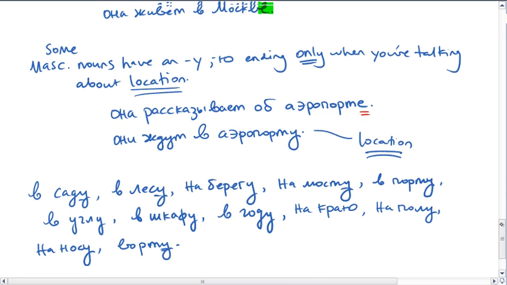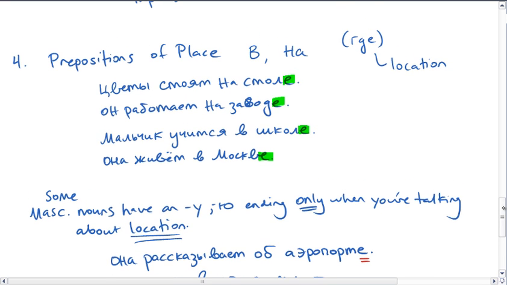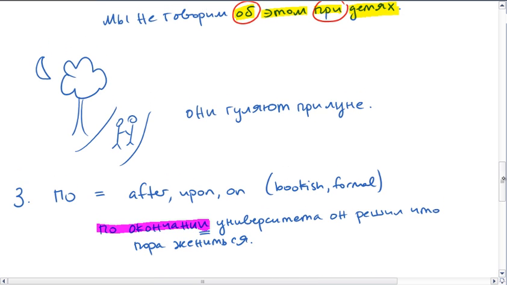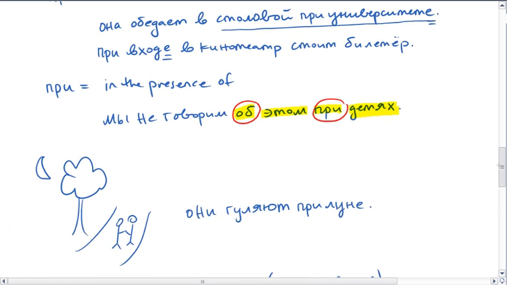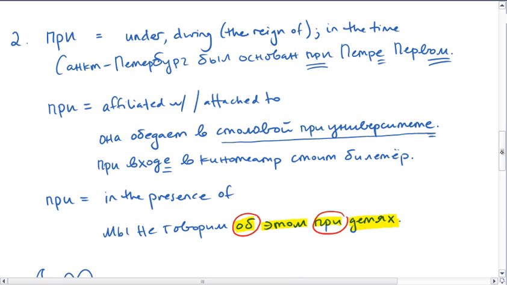So we have prepositions of place, в and на, which answers the question где, like what's the location or where is something. We have по, which is a pretty bookish, formal way to say after or upon. We have при, which has a couple different meanings.